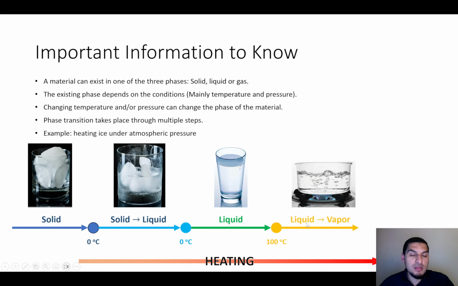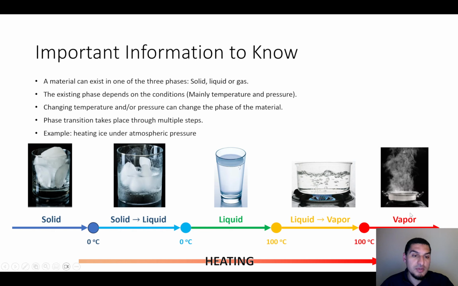The boiling or evaporation of water, turning from liquid to vapor, is exactly like what happened here: it's at constant temperature. So this happens at 100 degrees Celsius with no change in temperature. It's liquid at 100 and ends up as vapor at 100 degrees Celsius. If we provide more heat, then it's going to be vapor at higher temperatures, at 150, at 200 degrees Celsius, whatever the temperature is.